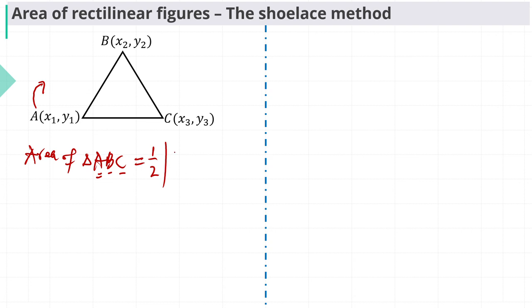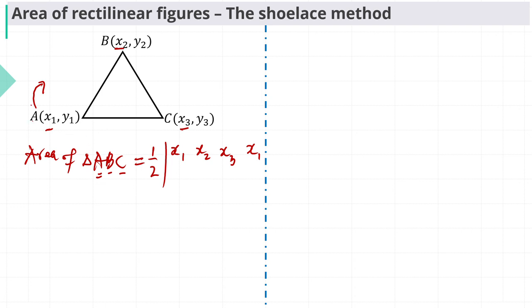Now you write all the x coordinates of the points going clockwise, starting from the point A. The first x coordinate x1, move to the point B, the x coordinate there is x2, move to the point C, the x coordinate there is x3, come back to where you started from, x1. Do the same for the y coordinate.